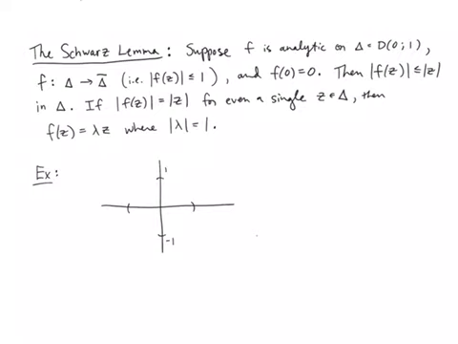So to show in the real realm we can defy this situation. The Schwarz Lemma in the real world would say, if you map the interval from -1 to 1 to itself, then you would have to preserve every sub-interval. But we do not have to do that at all.